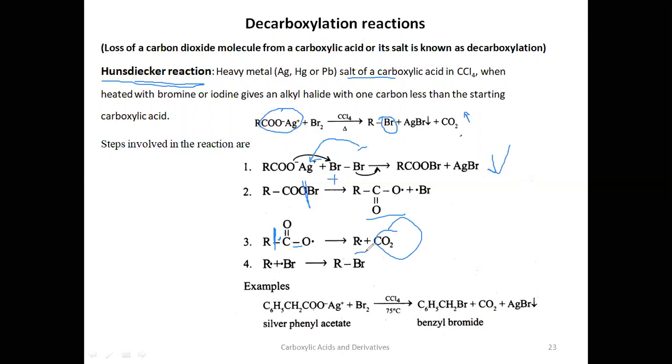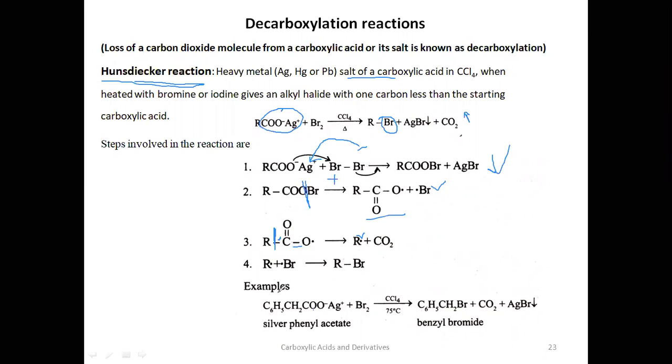So we have an alkyl radical here, and we have a bromine radical from the earlier step. This alkyl radical will combine with the bromine radical, forming alkyl bromide. These are the steps involved in the formation of alkyl halide.